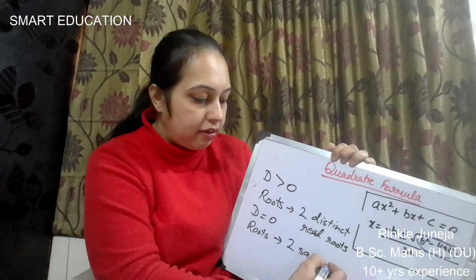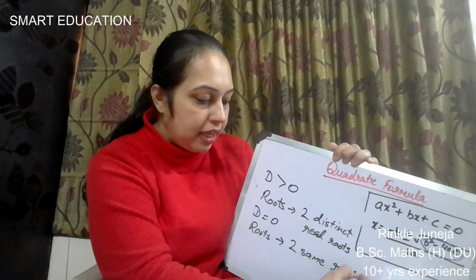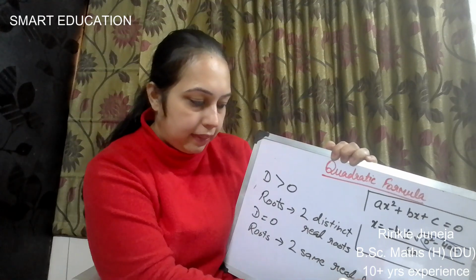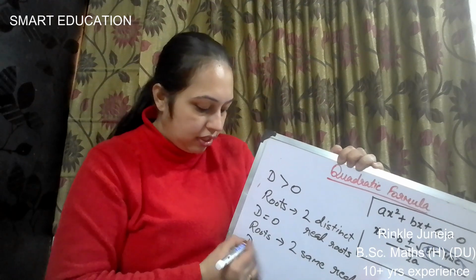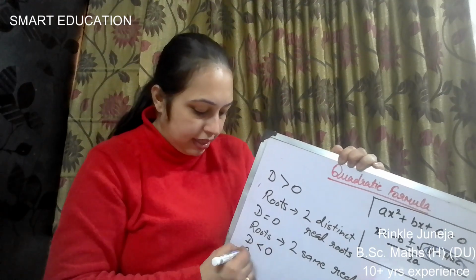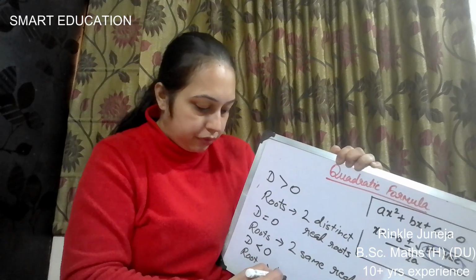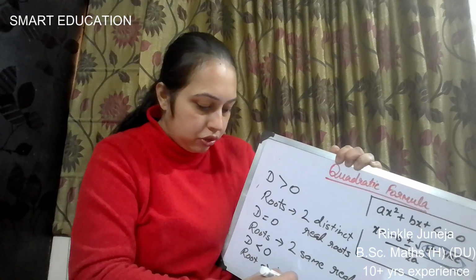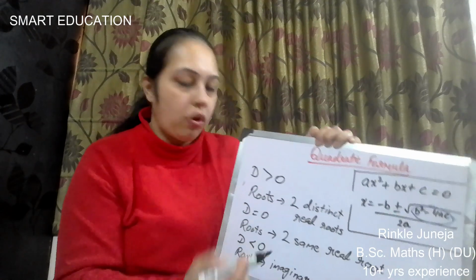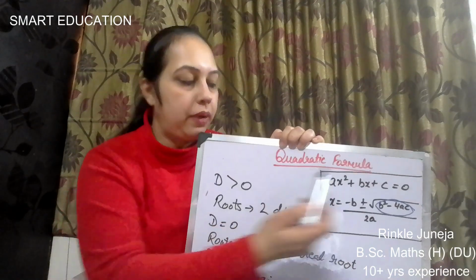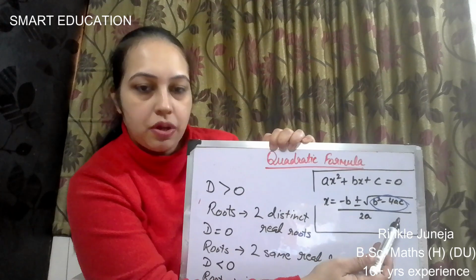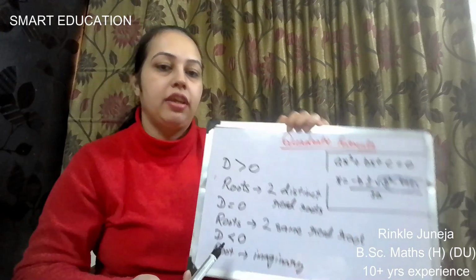That means we get real roots, but they're going to be the same. And if D, your discriminant, is less than 0, then we have imaginary roots. So in case you need to find out just what type of root we have, we just need to calculate the discriminant part, which is b square minus 4ac, and look for the relation.